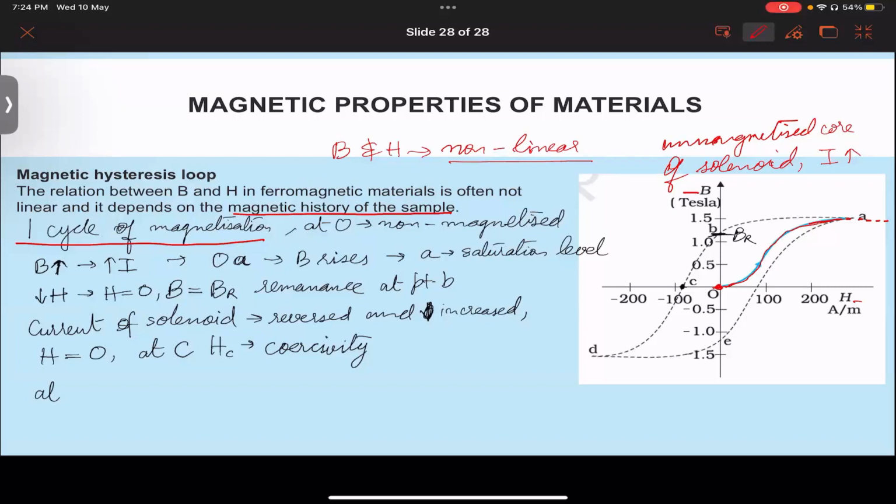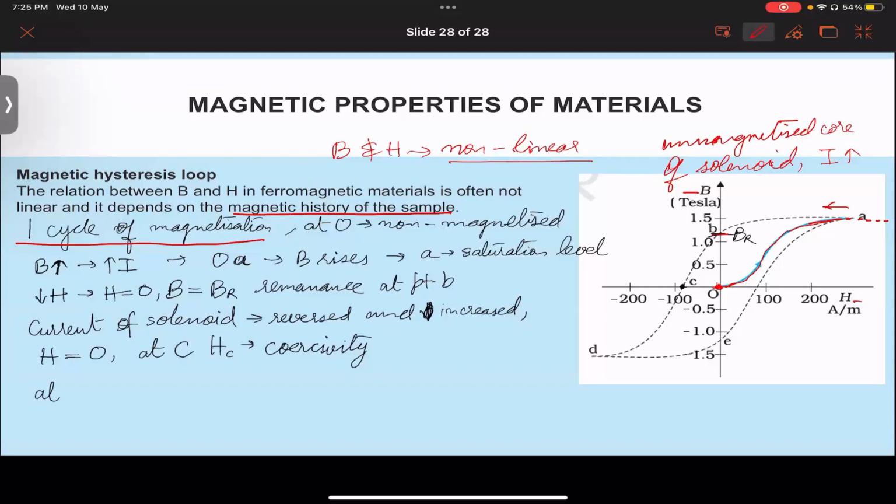Now we will try to reduce the H. From here we start reducing our magnetic intensity, and we will do it until we reach 0.